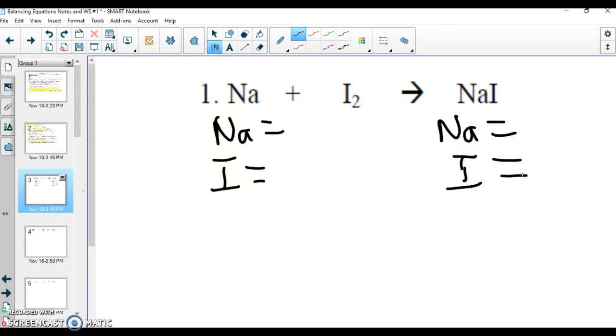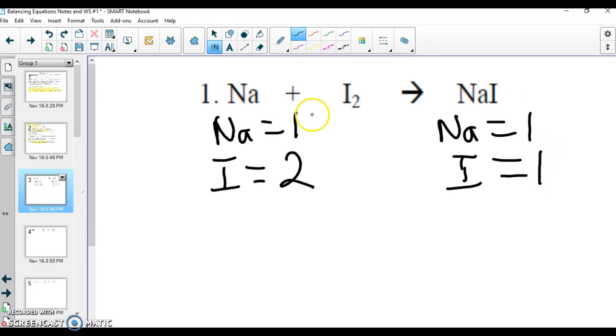We're going to count the number of atoms of each element on either side. So sodium is 1, iodine is 2, and then sodium and iodine, so sodium, there's no subscript there, so it's an understood 1, and iodine, there's just a chemical symbol there, so it's understood to be 1.